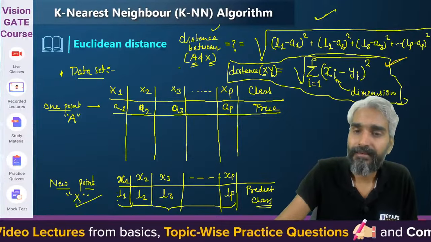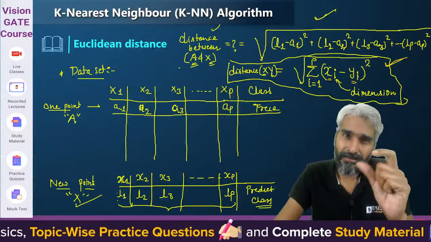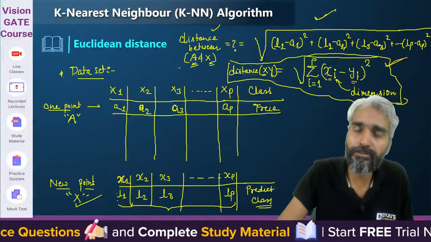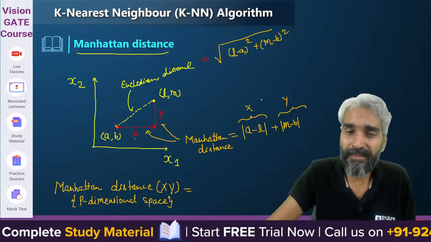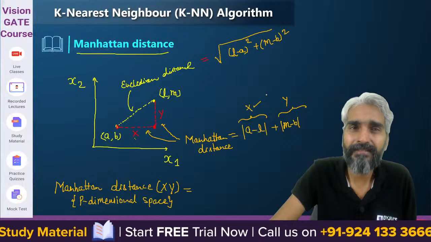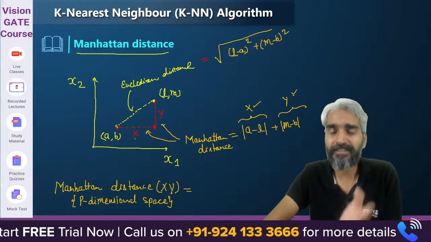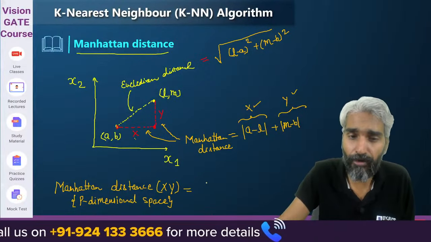So what did we do? In Euclidean, for each dimension, we take the distance between 2 points, square it, sum all those squares, and finally take the under root. Here the concept is simple: what is the distance in the x1 dimension, plus the distance in the x2 dimension, then the x3 dimension, and so on.